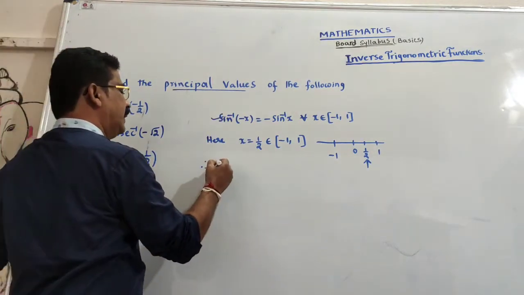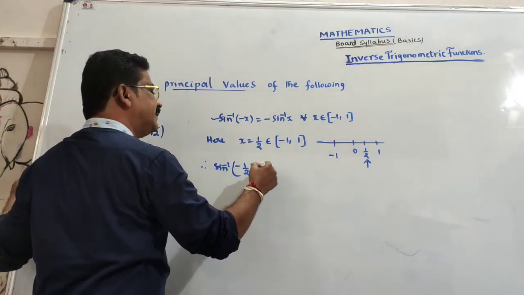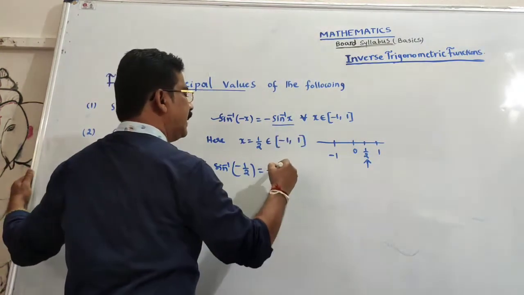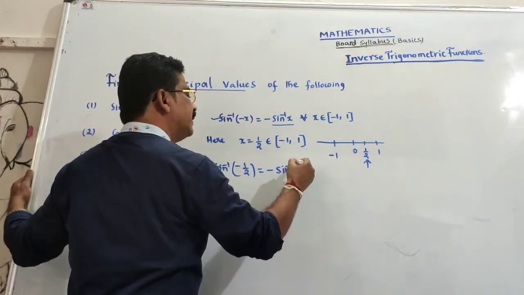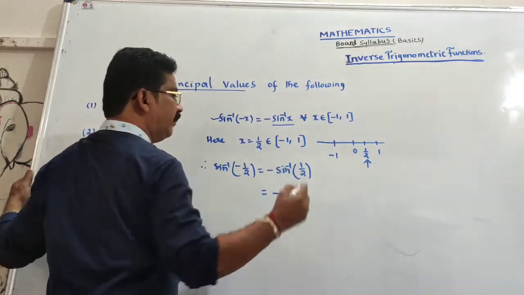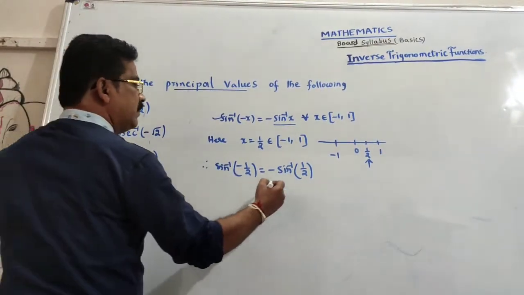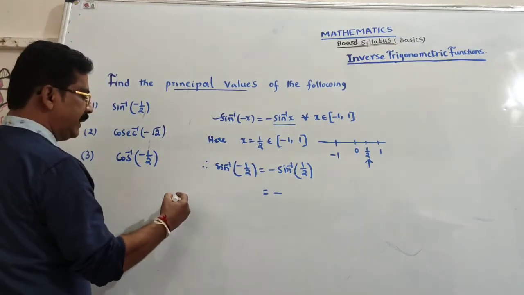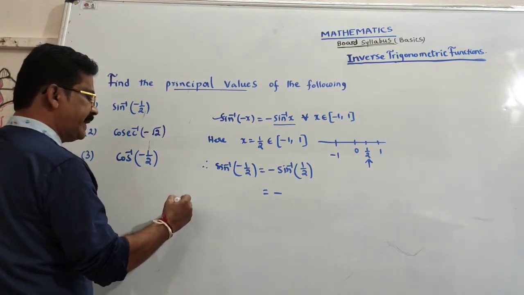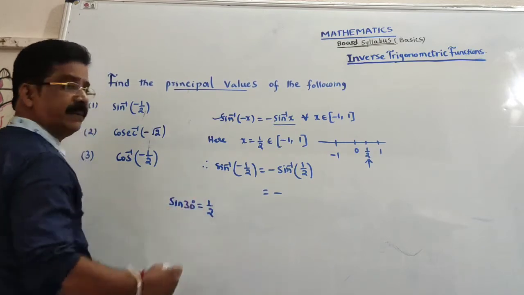So therefore, sin inverse of minus 1 by 2, applying this formula, is equal to minus sin inverse of 1 by 2. Actually, in the principal table, sin 30 degrees equals 1 by 2.